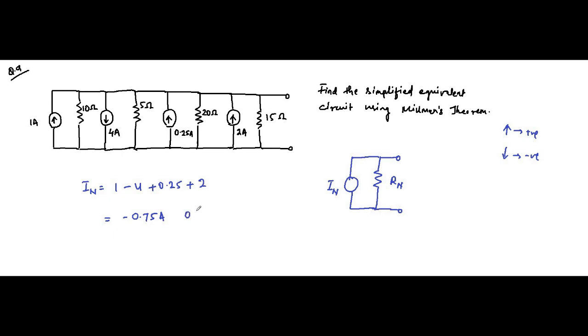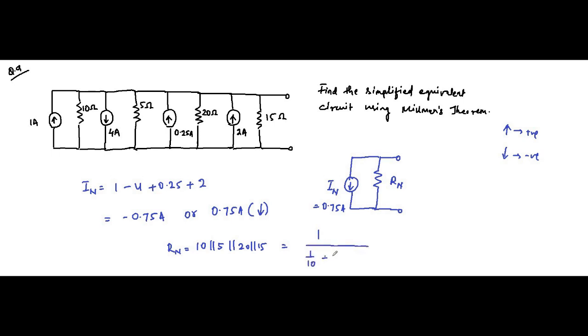Or you can write it as 0.75 ampere downward. Current flow is downward, so it is downward 0.75 ampere.